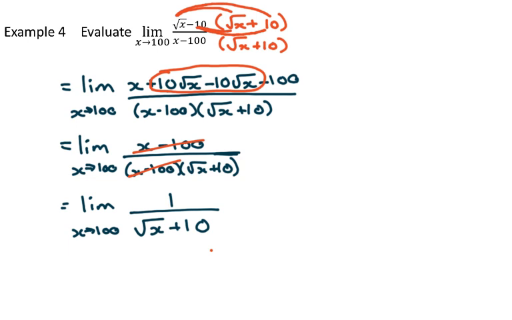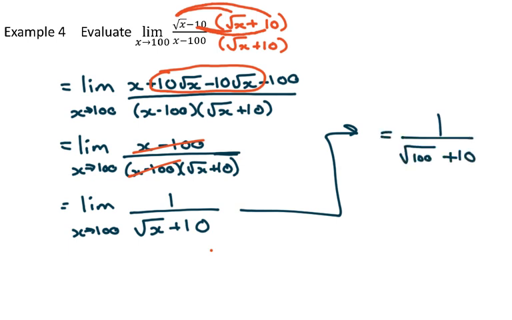Picky little detail up until now, but at this point it becomes extremely important because that's now the number that we plug in for x in the limit. So this now becomes 1 over square root of 100 plus 10. Taking the square root of 100, that's 10, still plus 10, and working that out, 1 over 20.